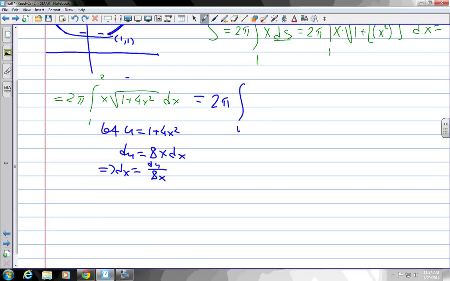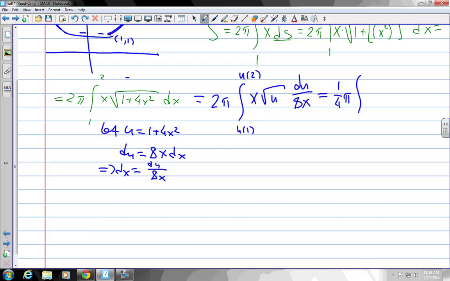This is u of 1, and this is u of 2, square root of u du over 8x. So x is canceled. 1/8 comes out, makes it 1/4 pi.